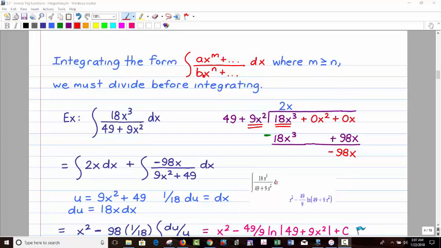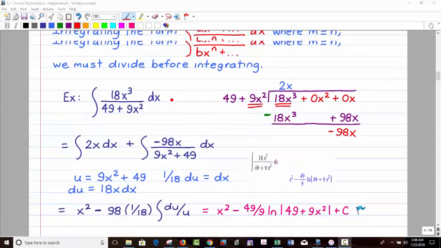If they're the same power, you have to do long division before integrating. Sometimes students have a little trouble with this. It's not too bad, but worst case scenario, you could always find another video on YouTube about long division of polynomials if you want a deeper explanation of this.